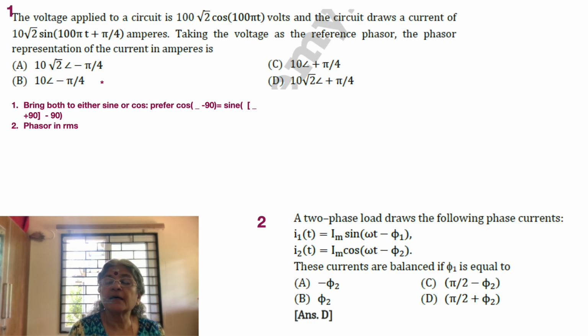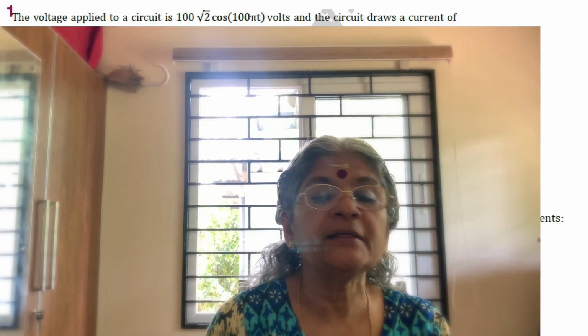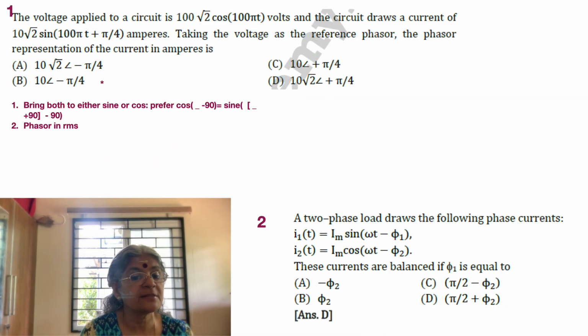Since we have shifted from a cosine waveform to a sine waveform, we'll have to convert it into the same kind of waveform shape. Only in that case will we be able to look at the angle of lead or lag. And 100 pi t is the same, which means the omega is the same. But in this case it appears as though there is an angle of lead, but we are not very sure because both are not in the same format, either a cosine form or a sine form.